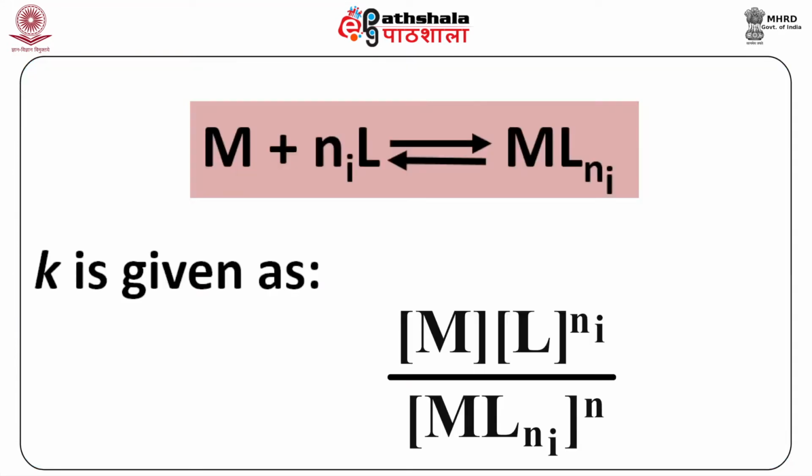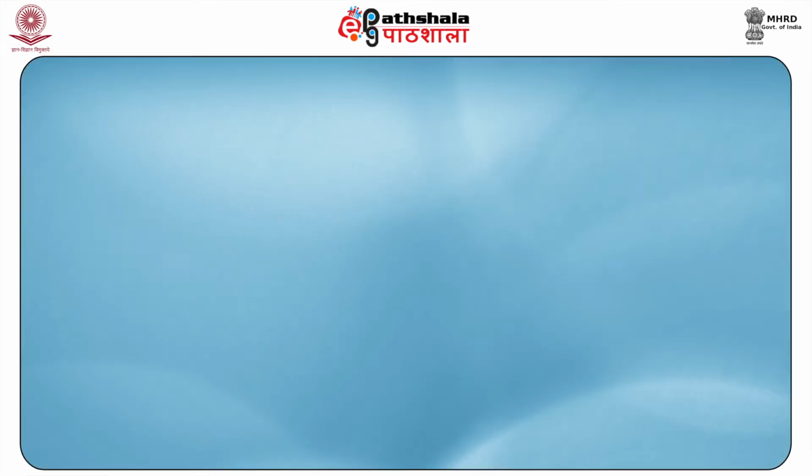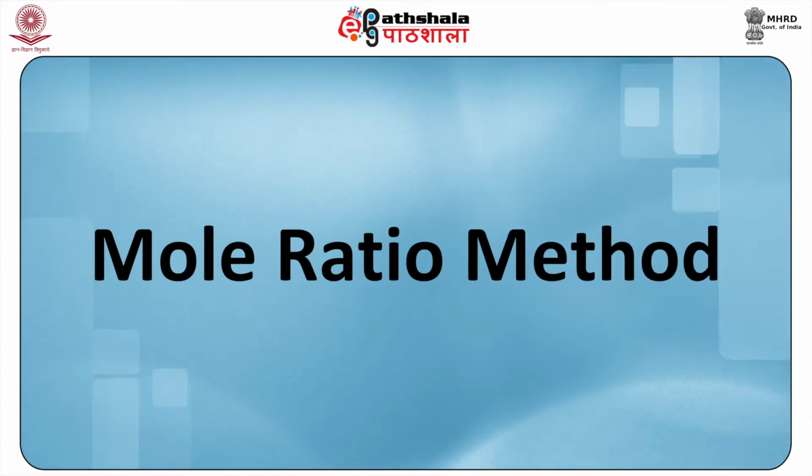Whereas, for a reaction of the type where metal M reacts with n ligands L to form the complex MLn, the dissociation constant K is given as the concentration of metal M times the concentration of ligand L raised to the power n, divided by the concentration of MLn, where n is the total number of ligands and i is the ith step of the reaction.